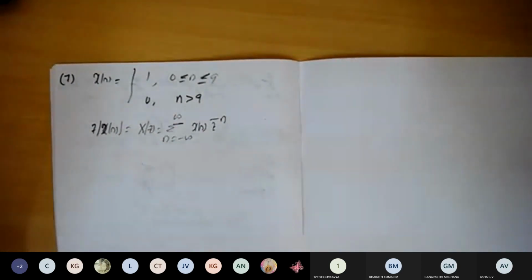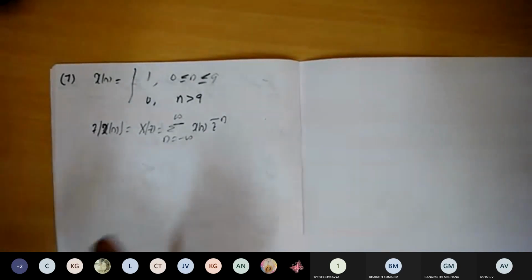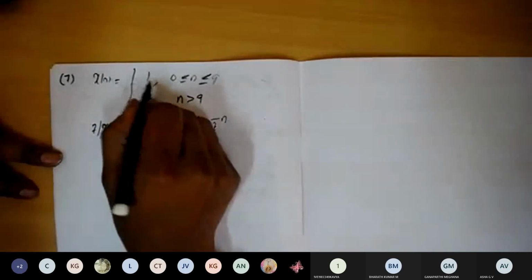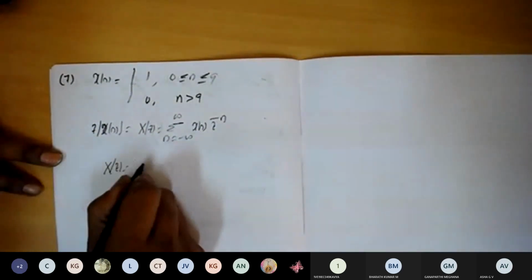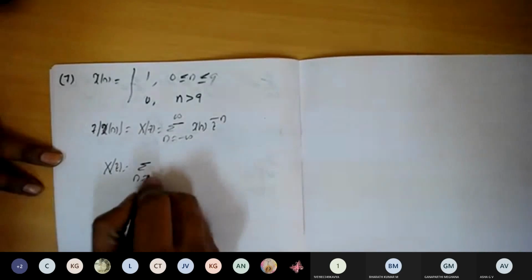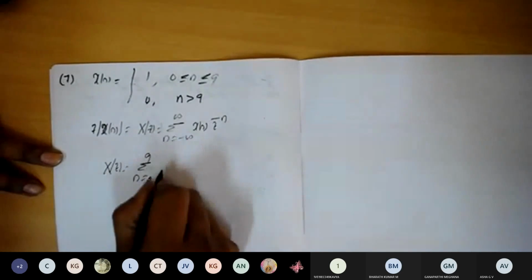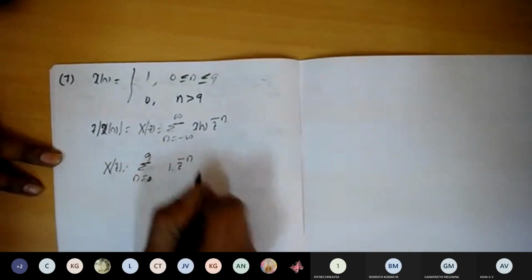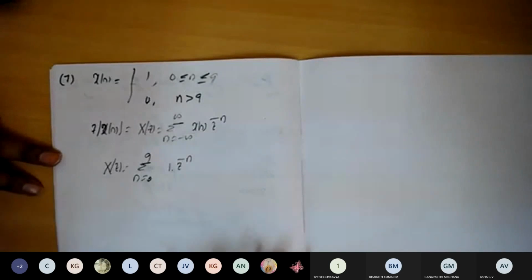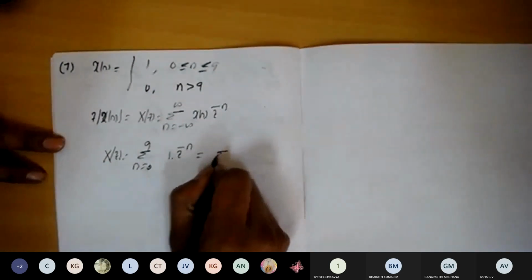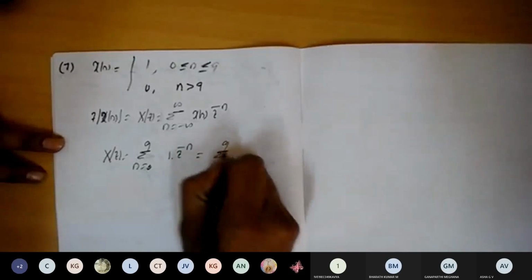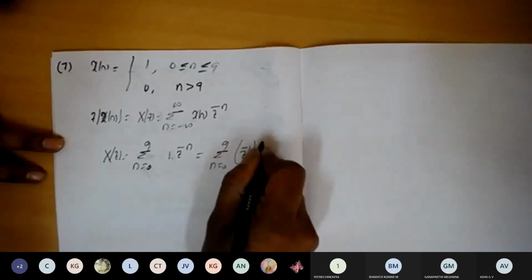Now, because x of n is equal to 1 from 0 to 9, we'll change the limits of the summation accordingly. So summation n equals 0 to 9, 1 into z to the power of minus n. This can be written as summation n equals 0 to 9 of z inverse whole to the power of n.